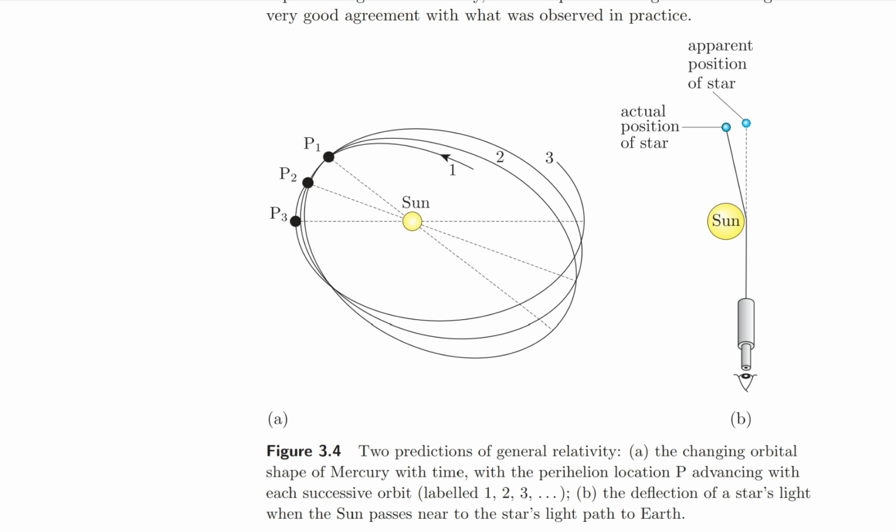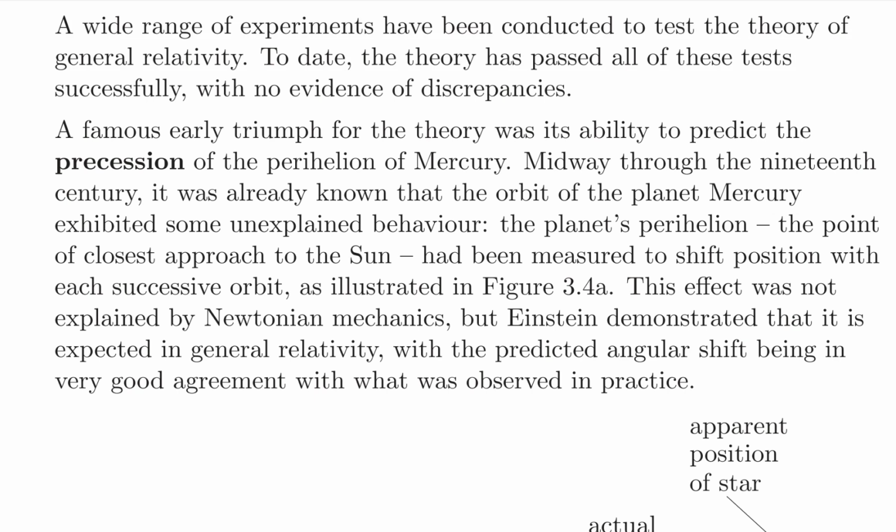A. The changing orbital shape of Mercury with time, with the perihelion location P advancing with each successive orbit labeled 1, 2, 3. This effect was not explained by Newtonian mechanics, but Einstein demonstrated that it is expected in general relativity, with the predicted angular shift being in very good agreement with what was observed in practice.